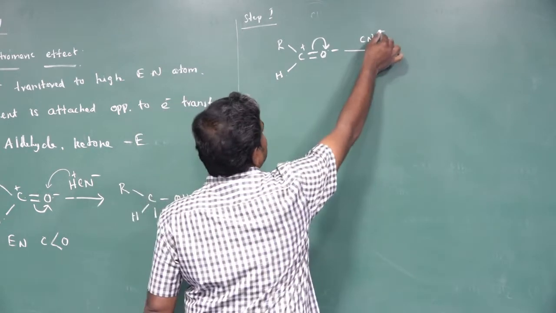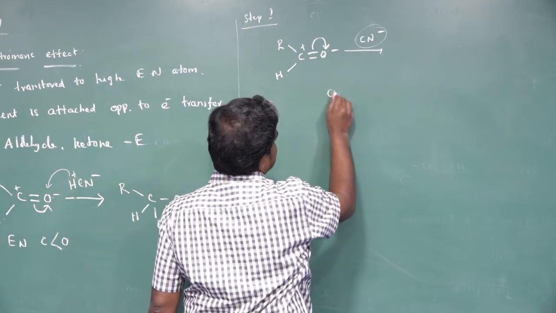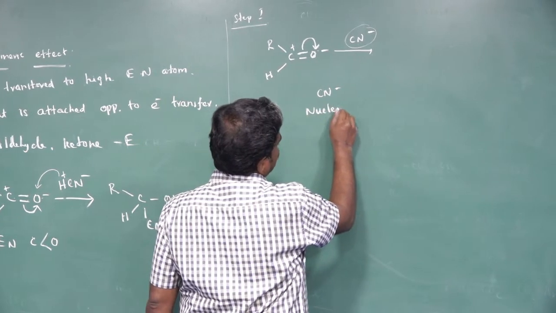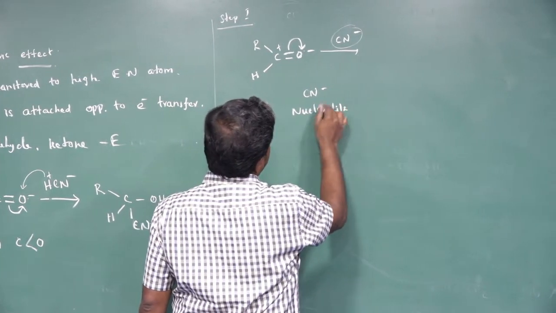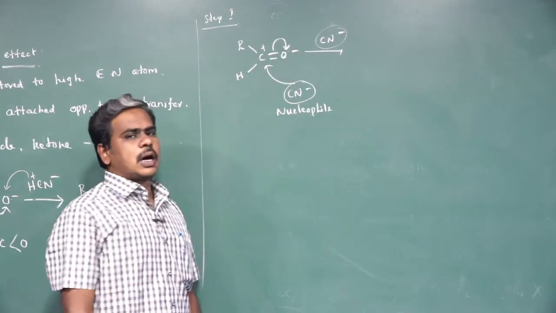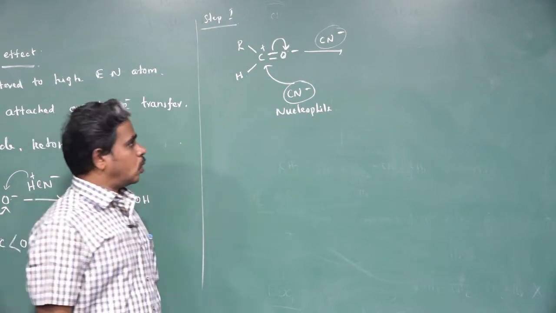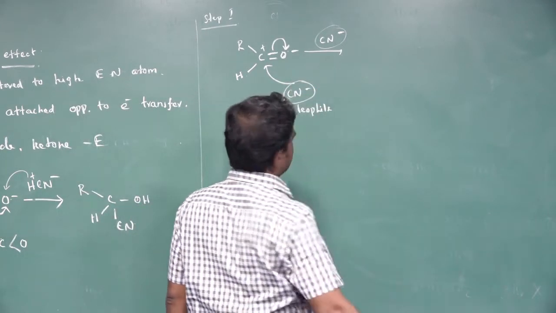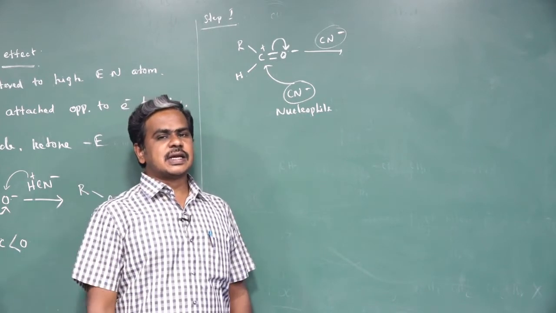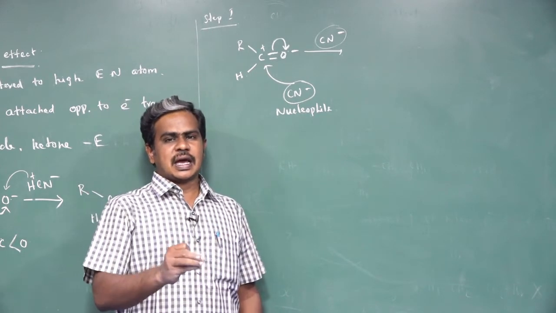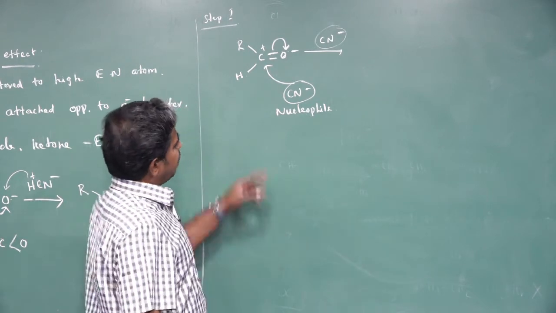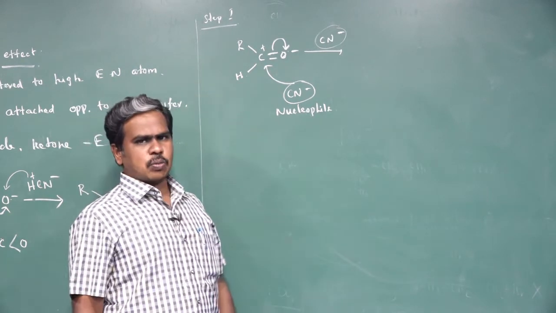So the nucleophile, that is CN minus, is going to attack the carbonyl carbon. So the first attack is nucleophilic addition, so that it is considered as nucleophilic addition.